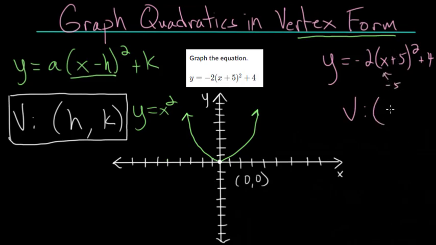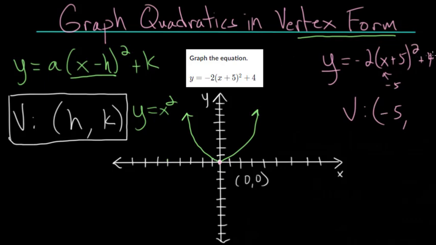So our vertex compared to this parent function, which was at the origin, is shifted left 5 units. And then whatever you add or subtract on the outside is how much you shift your y values. So the y values are straightforward. If you're adding, you go up. But with the x values, it's the opposite. If you're adding, you actually go to the left. If you're subtracting, you go to the right.